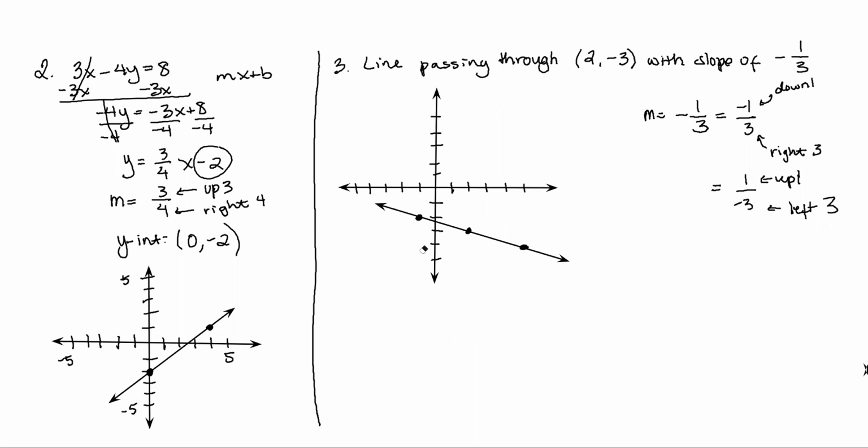All right, now we have 2 more special cases. So numbers 4 and 5 here. Number 4, we're told that the line goes through -3, 3, and it has an undefined slope.